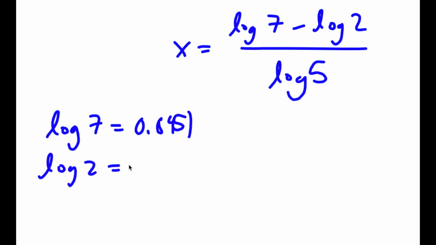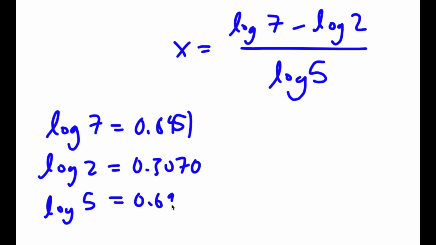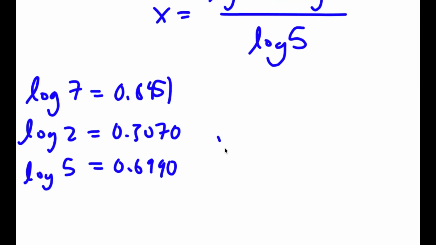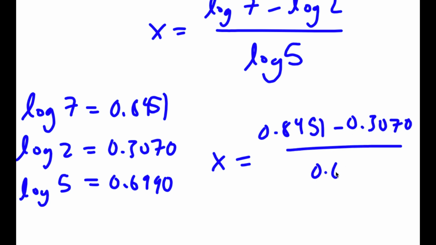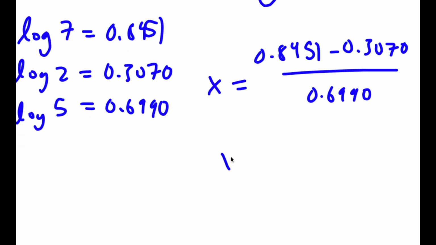Log 2 is equal to 0.3070. And log 5, this is equal to 0.6990. So x is equal to 0.8451 minus 0.3070 over 0.6990, which is equal to 0.7784.